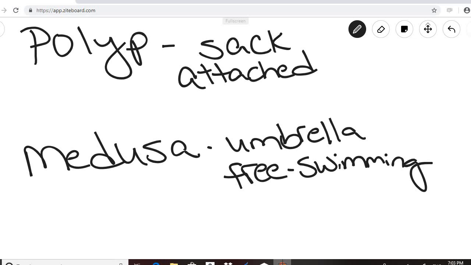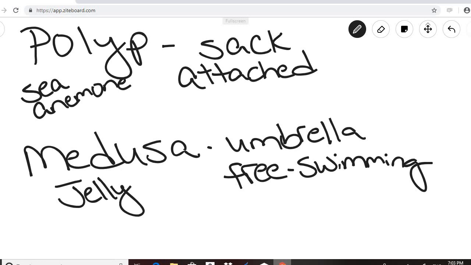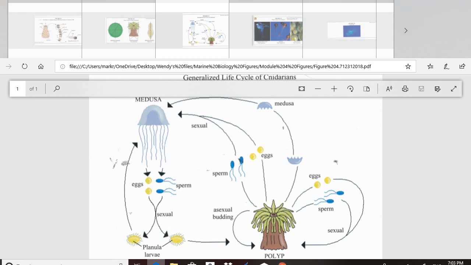So a sea anemone is an example of a polyp. And what we typically think of as a jellyfish is in the medusa form. However, jellyfish actually do go through a polyp stage. So let me show you a picture of that.